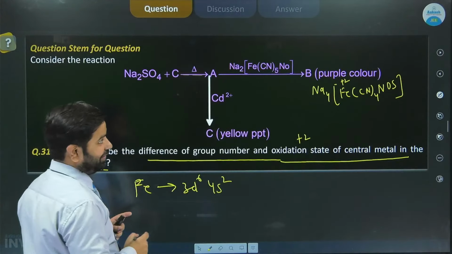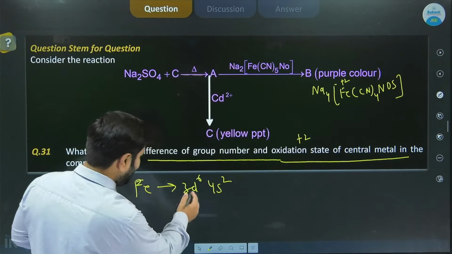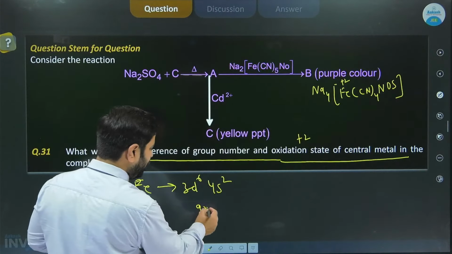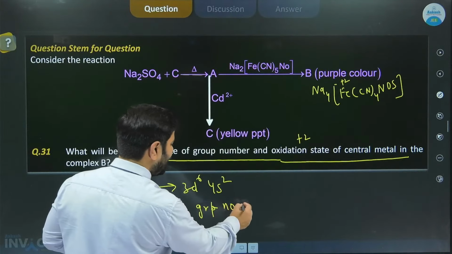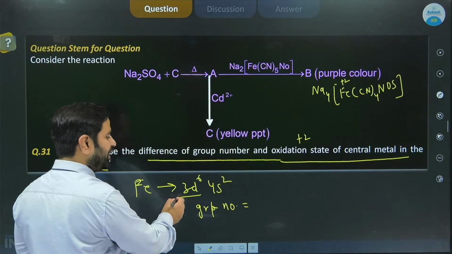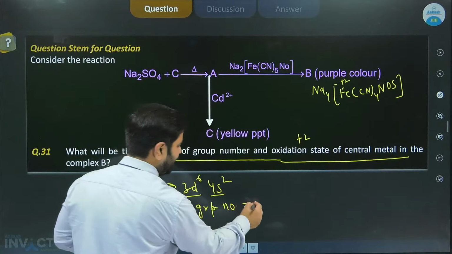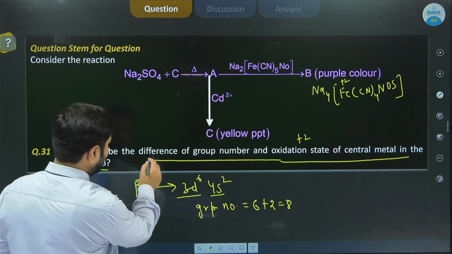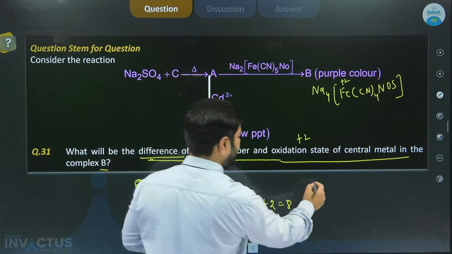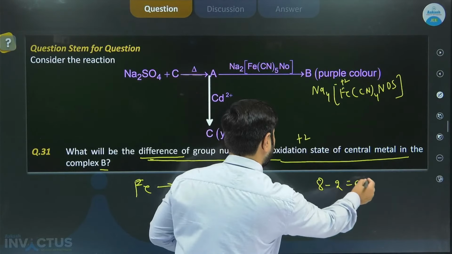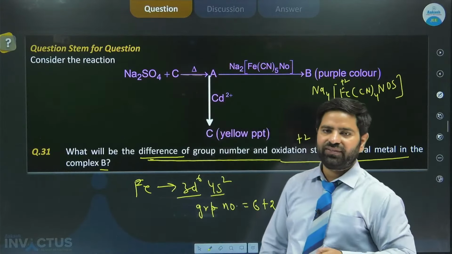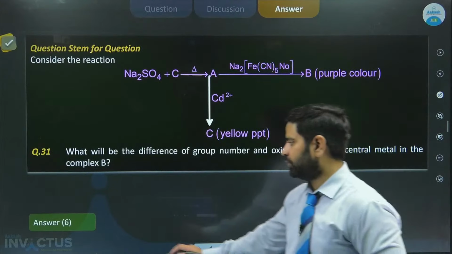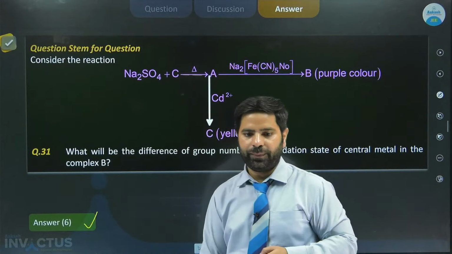That is a mistake you can make here. So with 3d6 4s2, the group number for d-block elements is calculated as (n minus 1)d electrons plus ns electrons, that is 6 plus 2, 8. And we have to find the difference of group number and oxidation number, that is 8 minus 2, which is 6. Let's check the answer. Yes, 6 is the answer given. Okay.